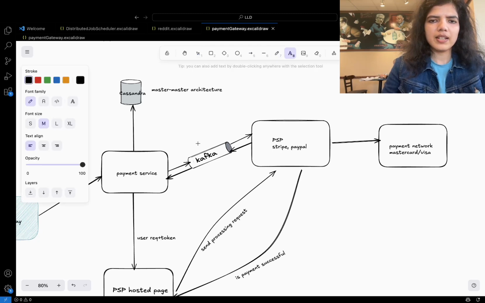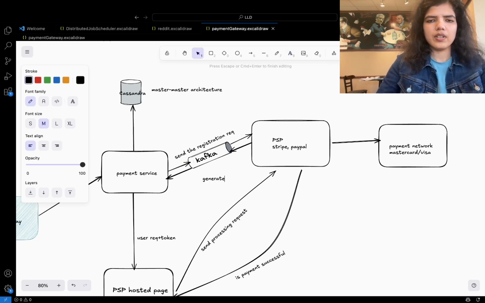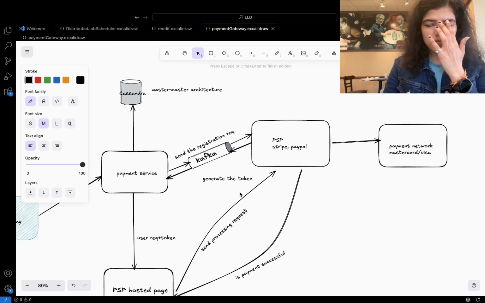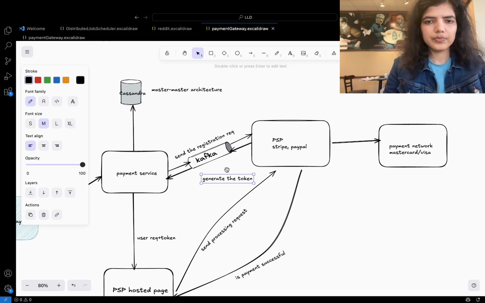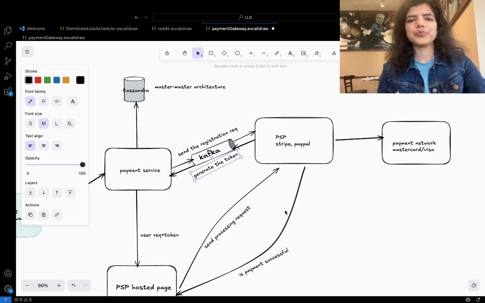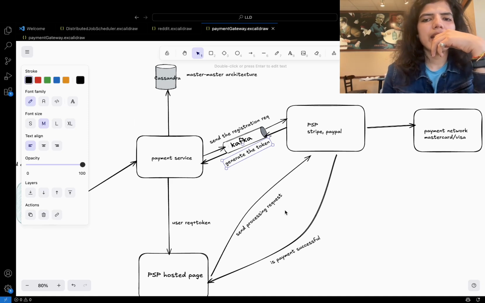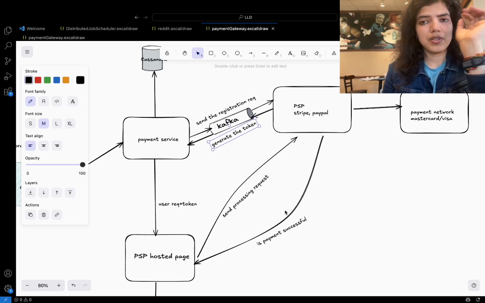It will send the registration request, and here it will generate the token. So this way we can handle the scalability process as well.